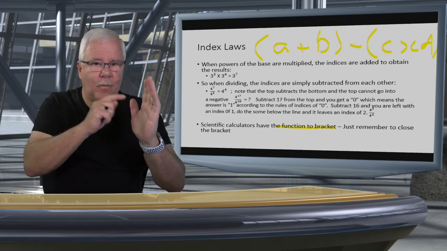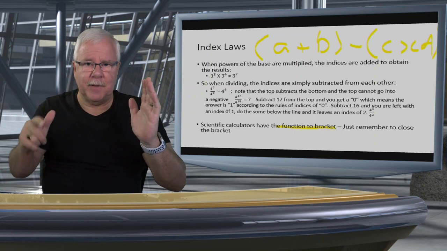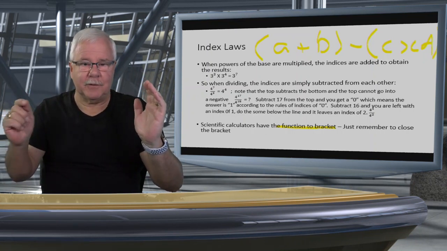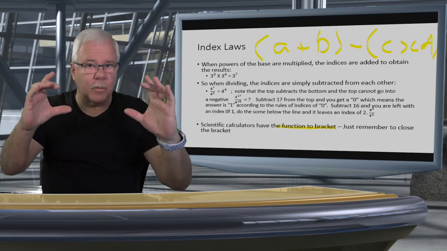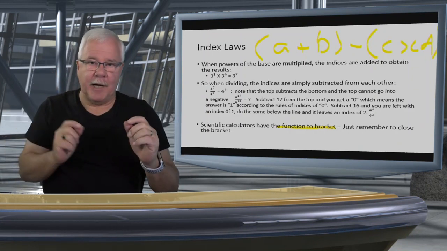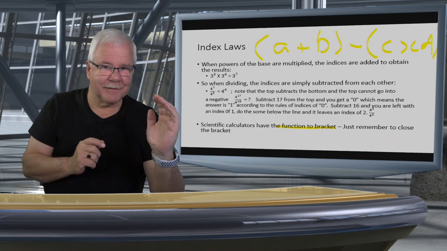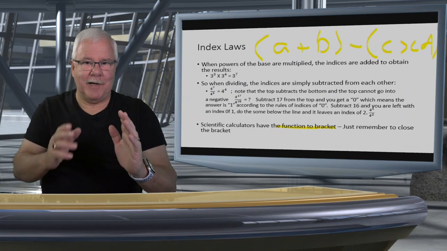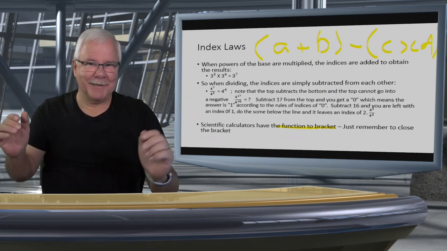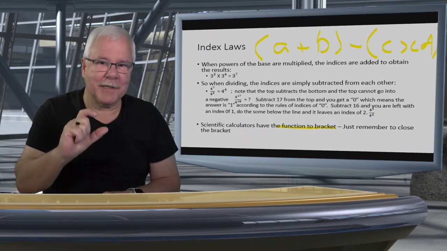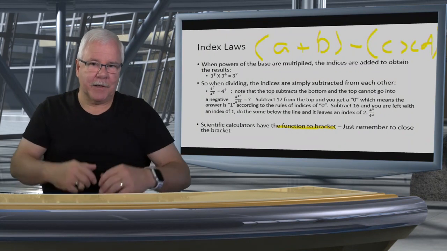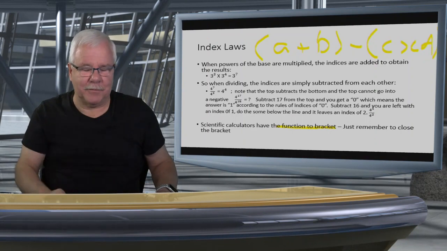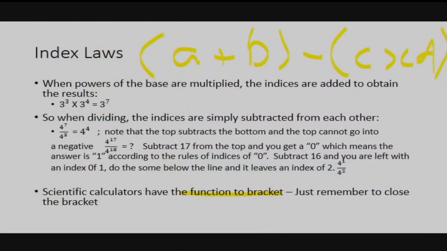Bracket 1 plus 2 minus 3 plus 4 and so on. Close the brackets, equals. Then it will work out what's in the bracket, divided by bracket 5 plus 4 minus 3 plus 4 bracket, enter, and it will give you the sum there. So the bracket function is actually quite a marvelous tool. So let's keep to that.